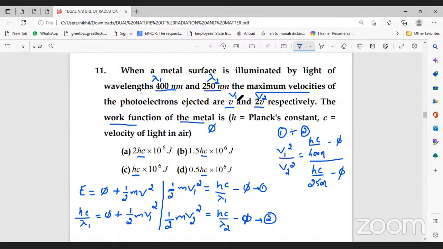What is v1? V. What is v2? 2v. So V divided by 2V whole square is equal to this RHS term as it is. This and this will get cancelled. 1 by 2 whole square will be 1 by 4. So this will become 1 by 4, this denominator as it is.